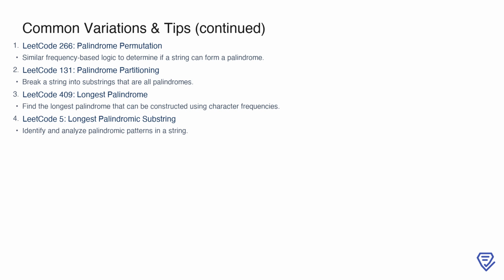LeetCode 409, longest palindrome, focuses on constructing the longest possible palindrome using character frequencies. Lastly, LeetCode 5, longest palindromic substring, is about identifying and analyzing palindromic patterns within a string. Studying these problems can provide additional perspectives on how frequency analysis and palindrome construction are applied in different contexts.